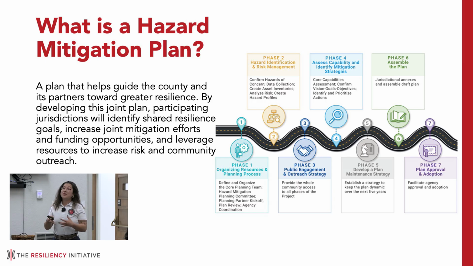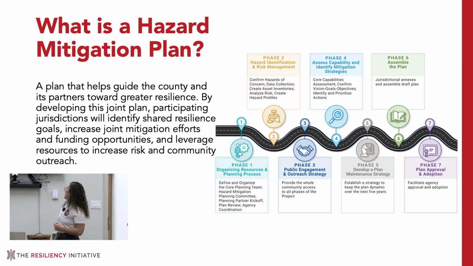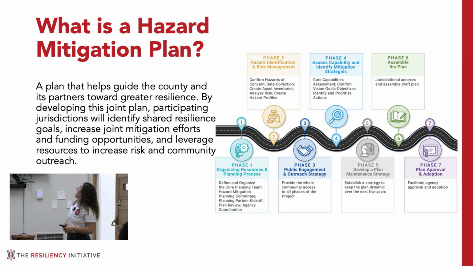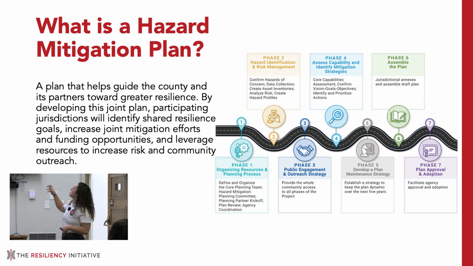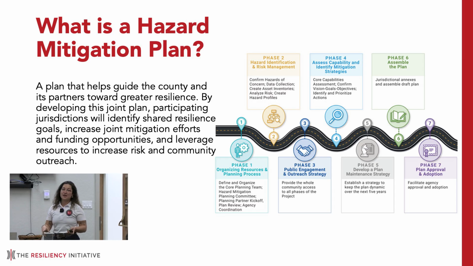The concept is by identifying what our high-risk hazards are, where our areas of concern are, where our areas of social vulnerability are, how can we mitigate those risks to prevent the impacts of a disaster in the future when it arises, right? It also leverages those resources, looking at how we're leveraging the resources that do already exist.